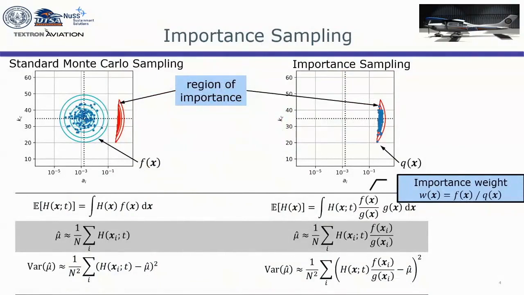So let me introduce the basic importance sampling. With standard Monte Carlo sampling, you're trying to estimate the probability of failure, the probability that a sample falls into this region. And you're generating samples from this joint probability density function that's just concentric rings at the origin.